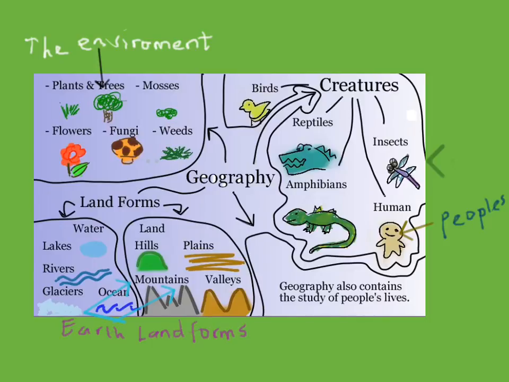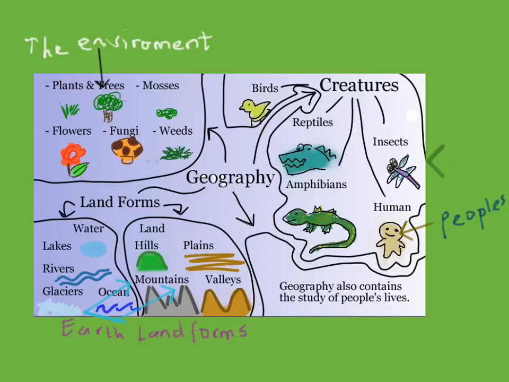Also, when we talk of geography being the study of the Earth's landscapes or the Earth's landforms, we mean geography studies water, lakes, rivers, glacier, ocean, land, hills, plains, mountains, and valleys.